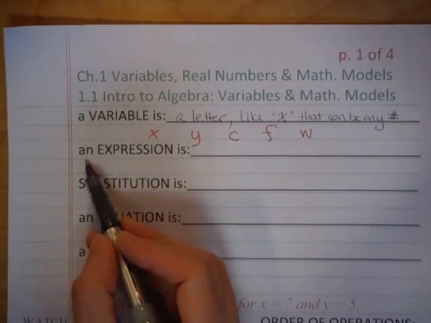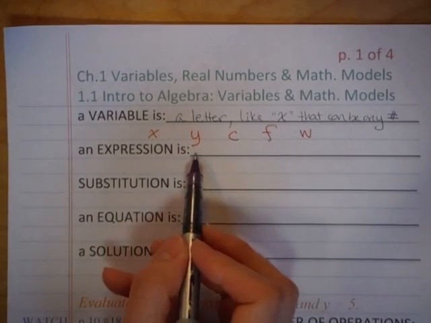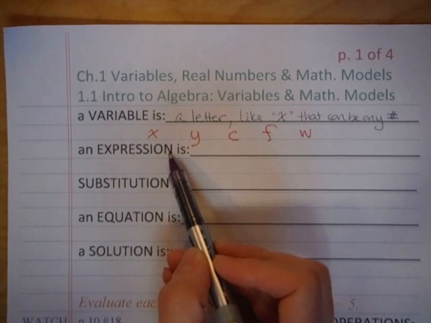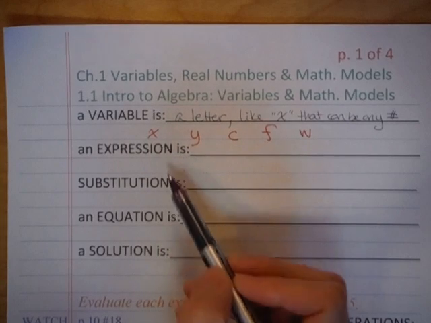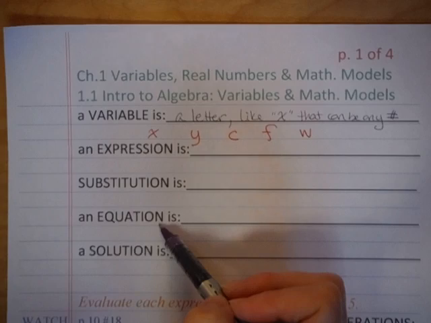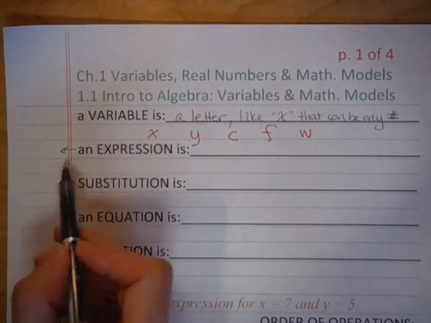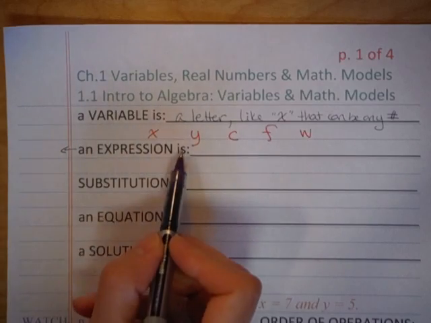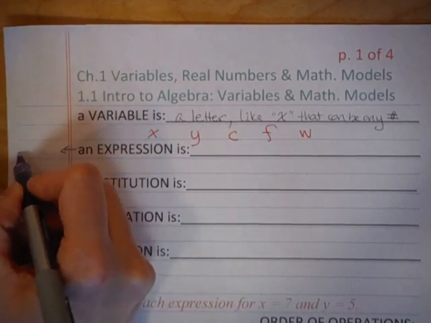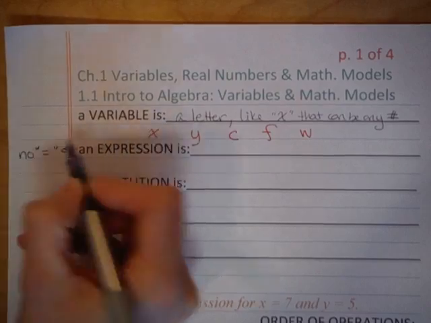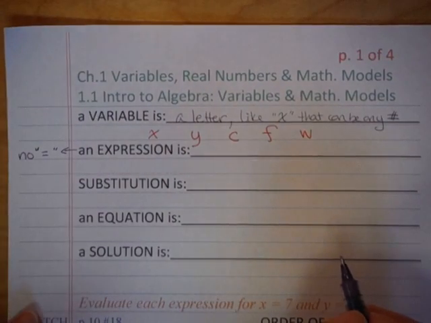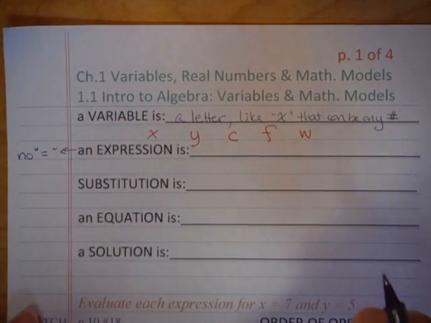So our next vocabulary here is an expression. Very important that you begin to really understand the difference between an expression and an equation, which is coming up in a minute. Basically, an expression is anything involving letters and numbers, but there's no equal sign. That's the down and dirty way of describing it, just the quick definition.